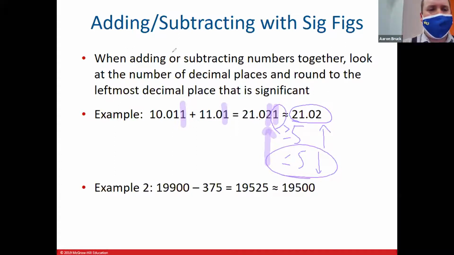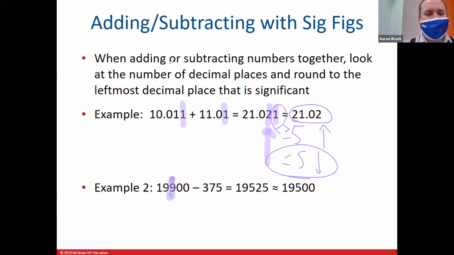In the second example problem here, I have my 9 here as my uncertain digit. Remember, our rules for zeros: a 0 is only significant if it comes after a non-zero number and there is a decimal point. These two zeros, even though they're after a non-zero digit, are not followed by a decimal point. So neither of those zeros is significant.